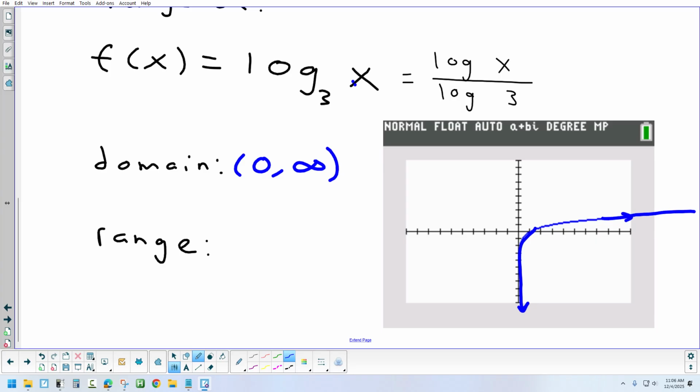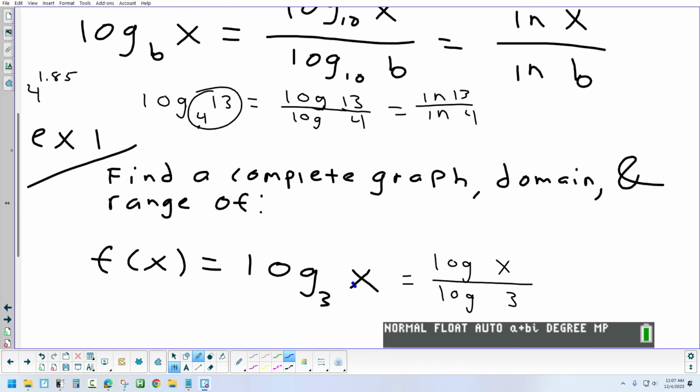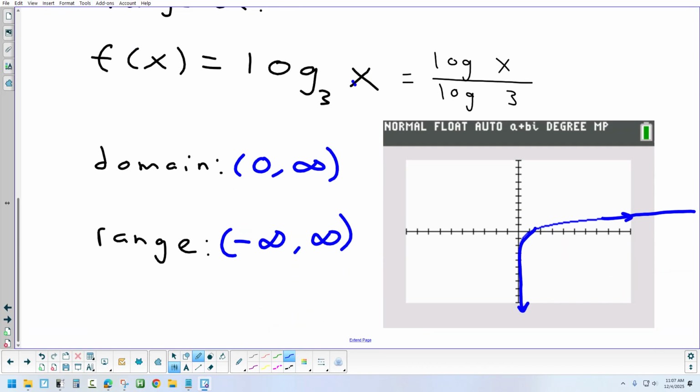It doesn't go up very fast, but it does keep going up. So the range goes down forever, and it does keep going up forever. So that's how you can graph a log on the calculator that's not base 10 or base e. That's everything they want. Any questions on that?